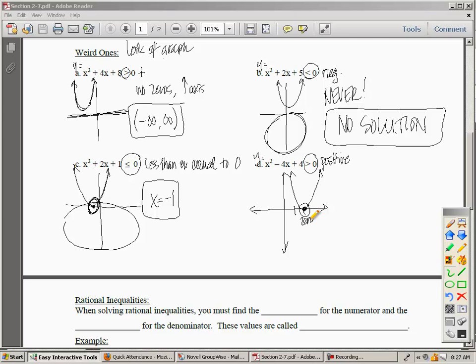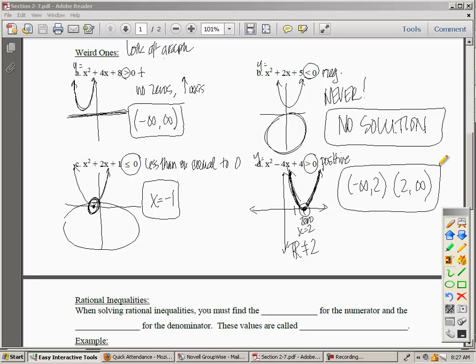And it's going to be positive everywhere else except at x equals 2. So how do we basically say all reals except 2? We have to break our interval up into 2 parts. When I look at the left-hand side, it's from -infinity to 2, not including it. And we have to look at this right-hand side, which is from 2 to infinity, and again, you can't include it. We don't want that 0 part there.